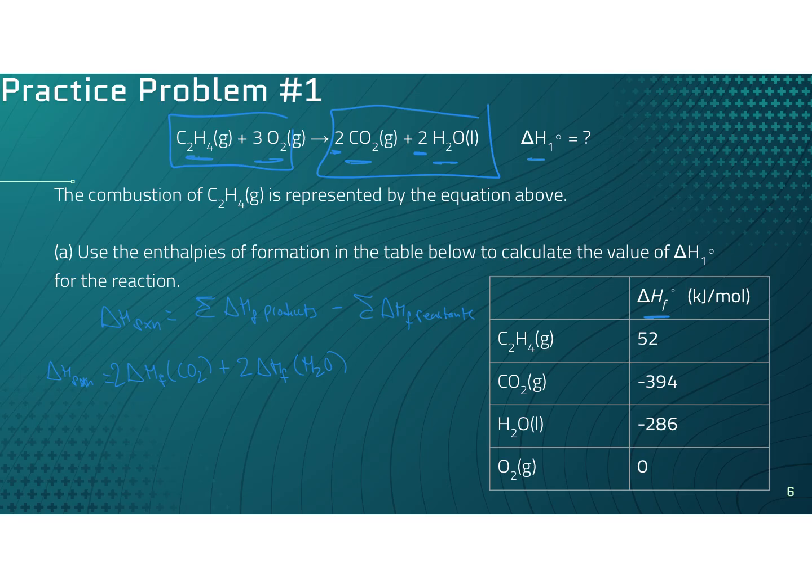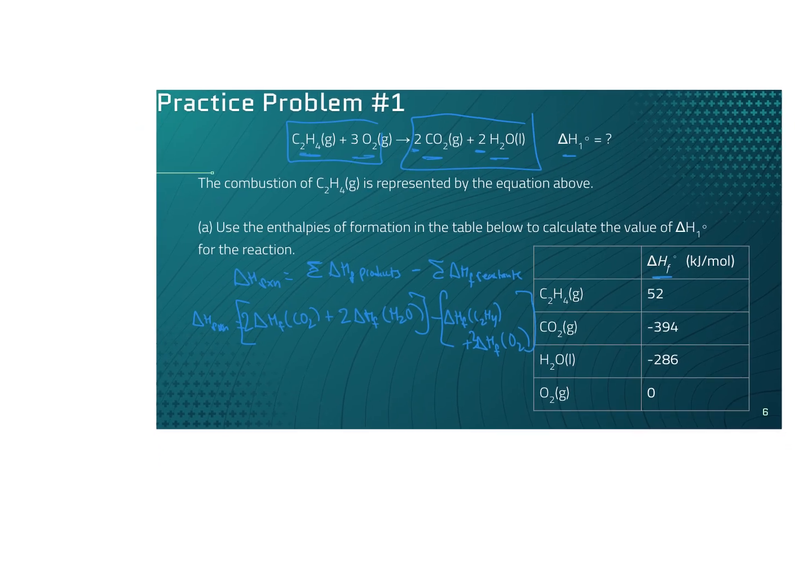All of this will be subtracted by the reactants, which will be the delta H of formation of C2H4 plus the delta H of formation of O2. And we multiply that by 3 because there's a coefficient of 3. All right, so we're going to find each of those terms, and then we're going to do that final subtraction.